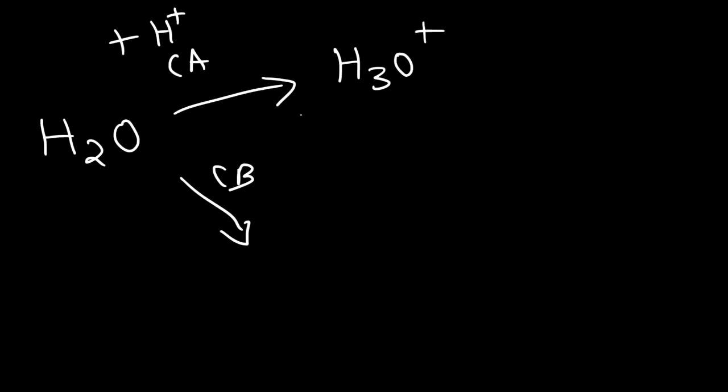The charge increases from 0 to 1. Now, whenever you want to write the conjugate base of something, take away a hydrogen and decrease the charge by 1. So instead of having 2 hydrogens, we now have 1, and the charge decreases from 0 to -1. So the conjugate base of water is hydroxide. The conjugate acid is H3O+.